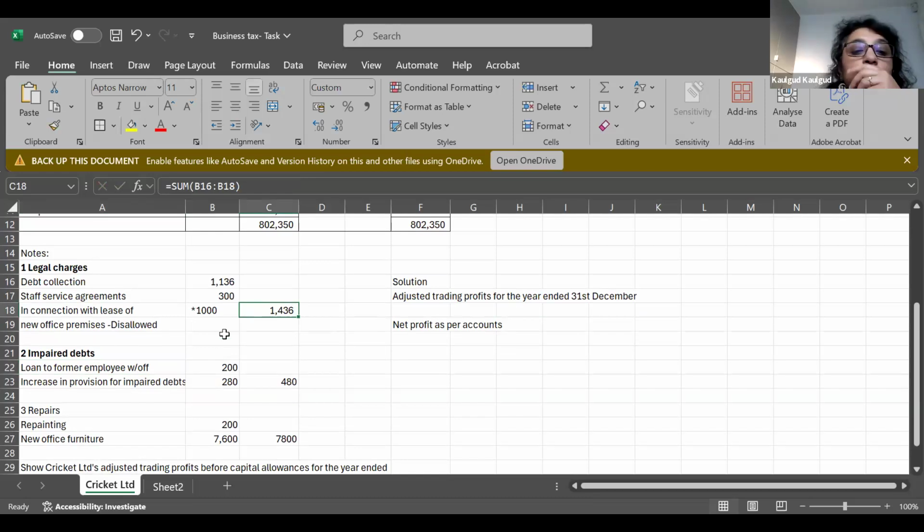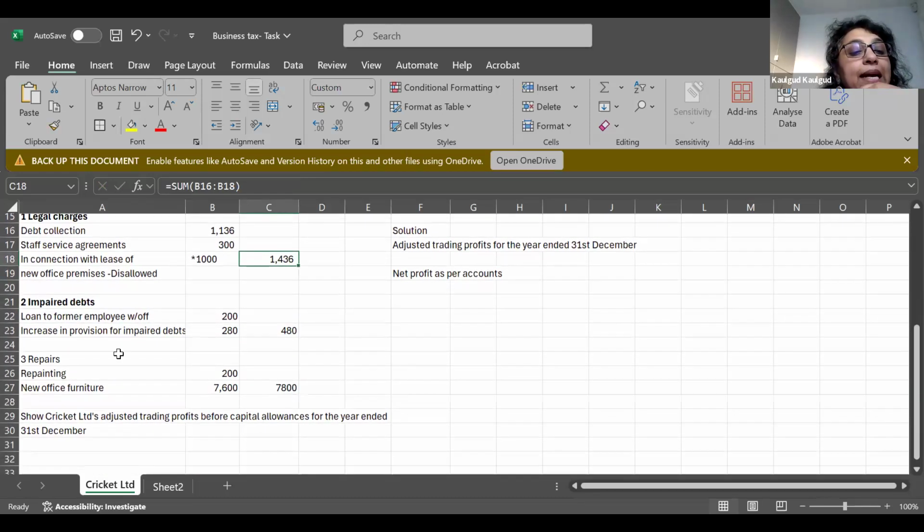Okay. Then the next one is impaired debts, loan to former employee written off. It was a former employee, so it is a non-trading loan, isn't it? So that cannot be allowed. This is disallowed, so we need to add it back. Then the increase in the provision for bad debts, impaired debts.